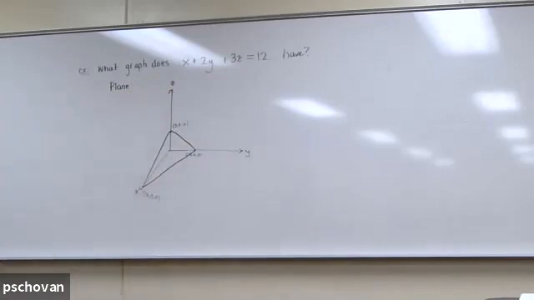Which reminds me, in 3 dimensions, if I want to write the equation of a line, then I have to think of the characteristics of slope in 3 dimensions, and those are going to be given by vectors. We're going to need to know a point on the line, and we're going to need to know what the x direction looks like, what the y direction looks like, and what the z direction looks like, and put them together in some way.